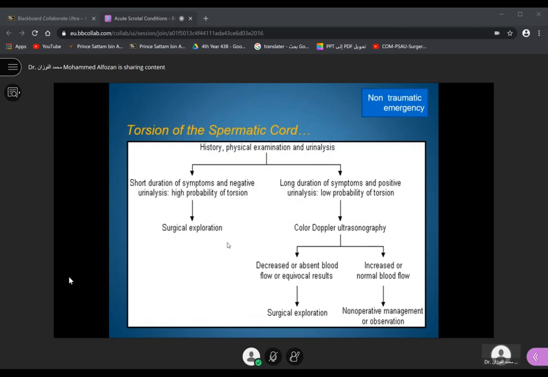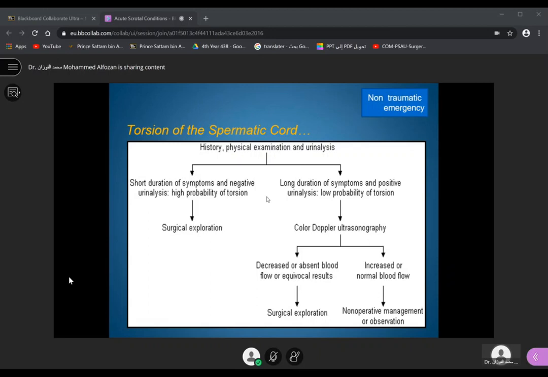Even if there is a salvage of the testis and you were able to restore the blood supply, most of the tissue will not be viable. So you are affecting the patient's future in terms of fertility. He will not be able to have kids. Also in terms of testosterone secretion by the testis.